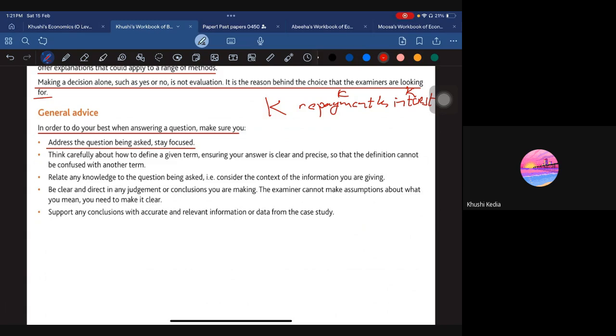Let's suppose they were connecting the stakeholders to a decision, and the question was looking for the impact of that on the business. So the students are writing the impact on the stakeholders, not the business as a whole, right? This happens because they have not read the question carefully.